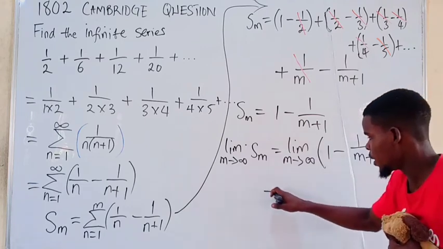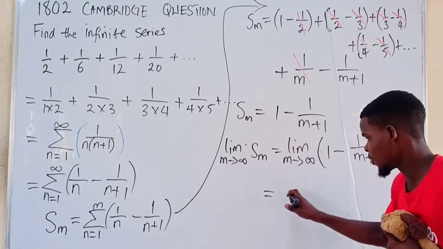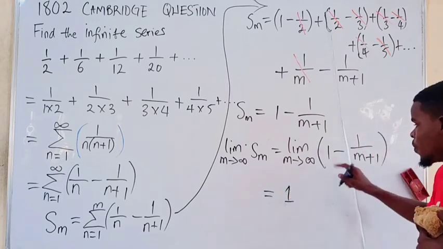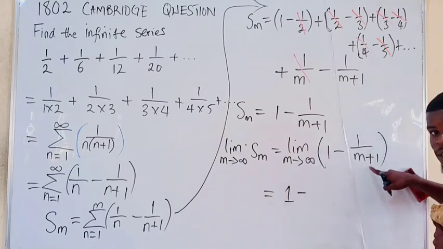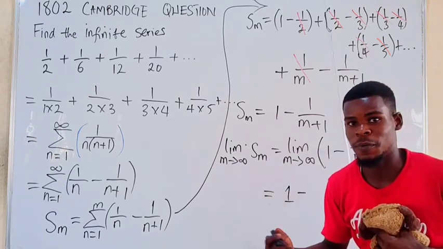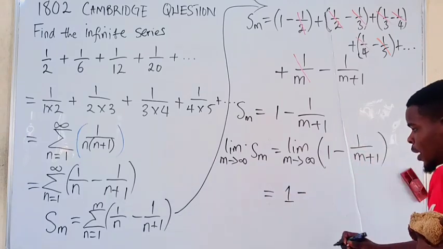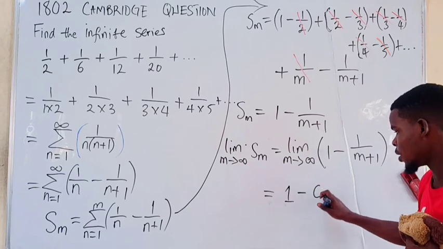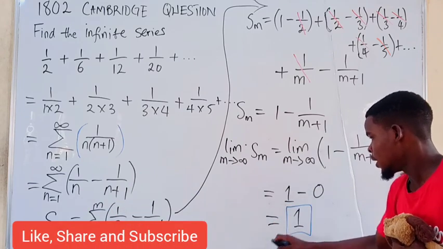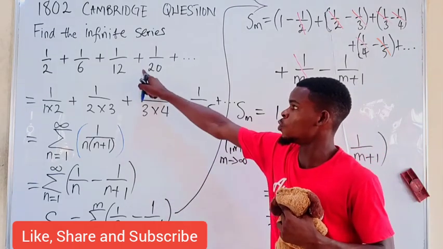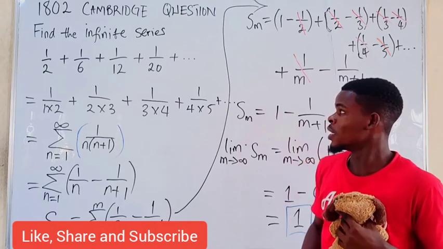So that would be, well, as m tends to infinity, 1 will just be 1 because that's just a constant. So we put down the 1, and then minus, as m tends to infinity, we'll be having 1 over infinity. That will just be 0 because 1 divided by a very large number, which is bigger than any real number we can compare it with, will just give us 0, which means that everything here is 1. So this tells us that that series, which we seek originally, is going to add up to just 1. Okay, great.